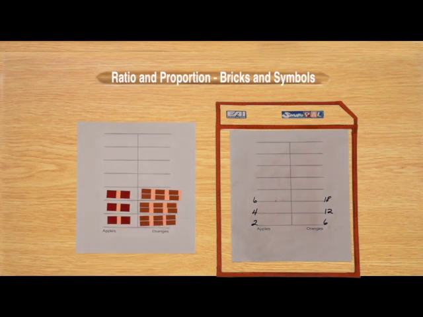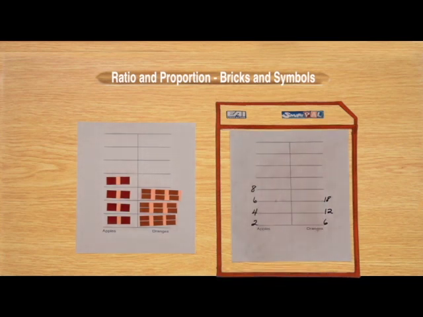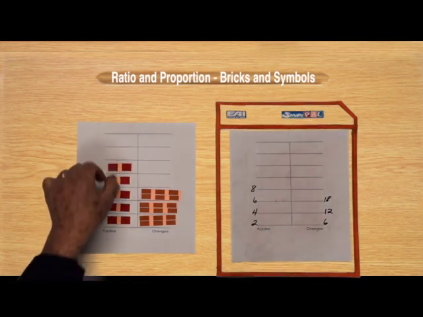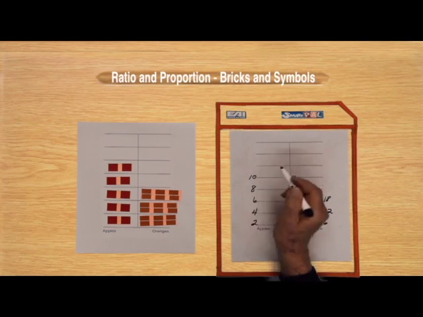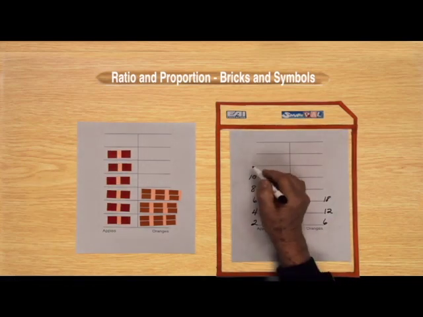Now what happens if we want 14 apples? How many oranges would match up with 14 apples? So let's create the 14 apples. There's 8. There's 10. There's 12.